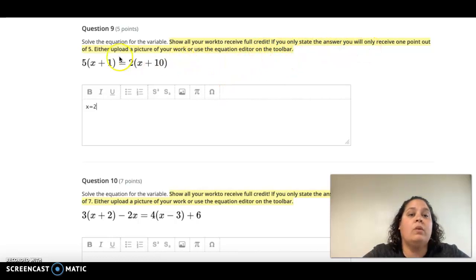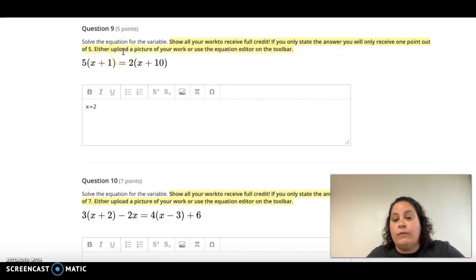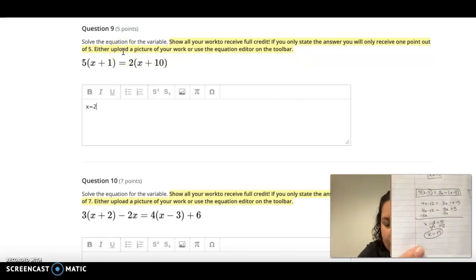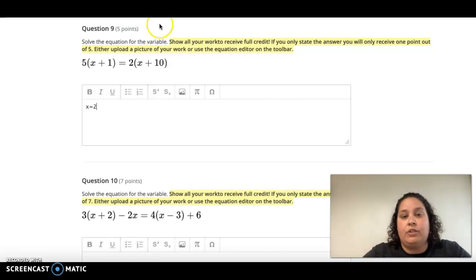You can show your work in one of 2 ways. You can either solve it on a piece of paper and then take a picture of this and upload that picture right here under images.